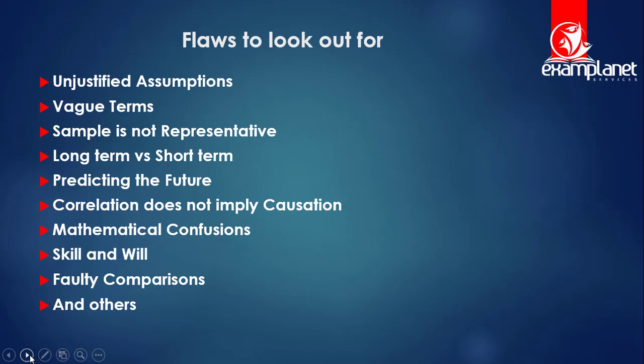Then you have skill and will. Now this skill and will is a special kind of flaw that comes only when you have a proposed course of action. For example, you're telling somebody that based on the information you have, the person should put money into a project.